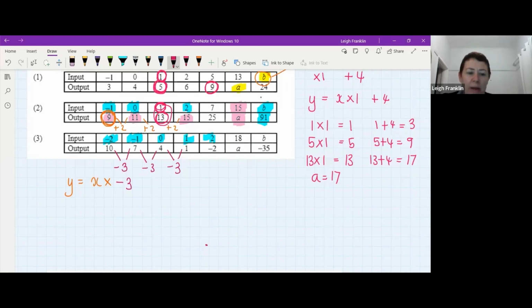Okay, but that's not the end of the story, because I can't just times by -3 and get my output. So I've got to go and see if this works. Let's take something that's a little bit easier. Let's pretend 1 goes in. So 1 times -3 is what? How? 1 times -3 is not 3. 1 times -3 is?